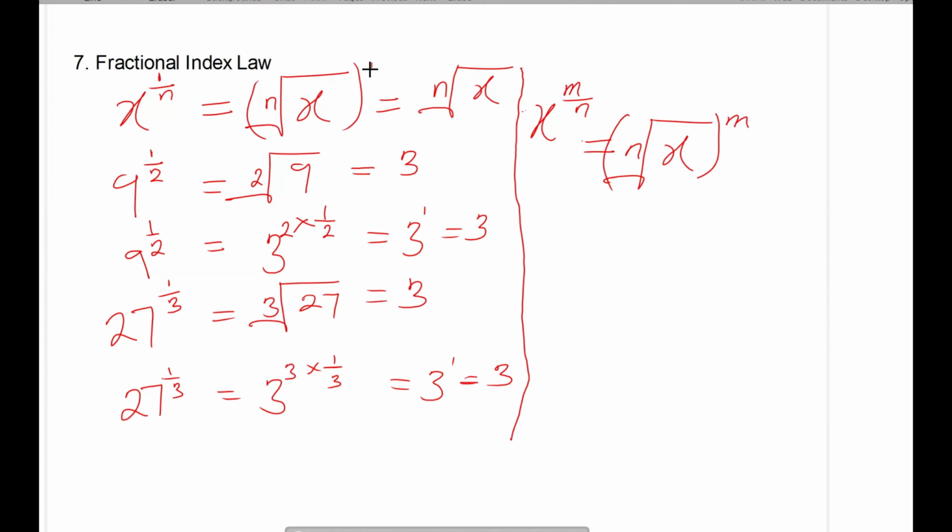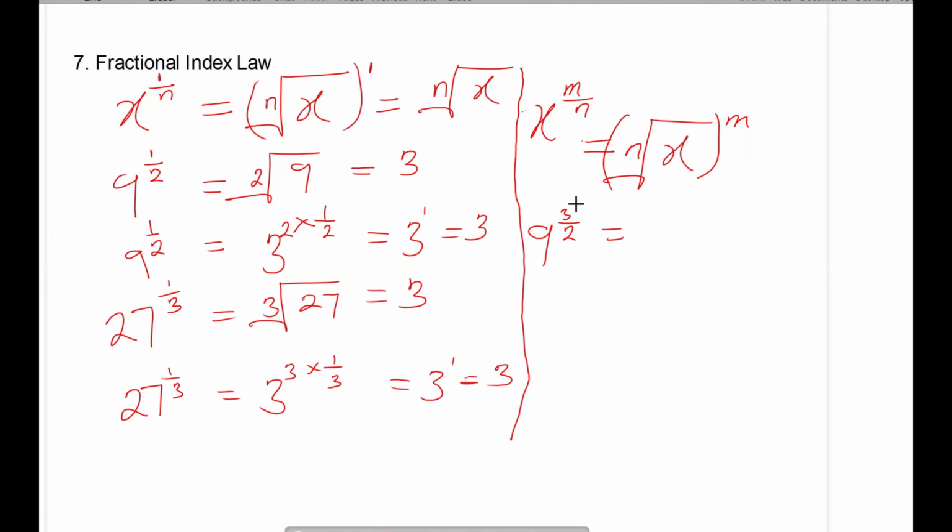Now here our m is 1, but here we are saying m can be something other than 1. What am I saying? Let me say 9 raised to the power 3 over 2. What this is saying, by applying the law, and don't forget, the denominator is always what is in the root, either the square root or the cube root or anything.